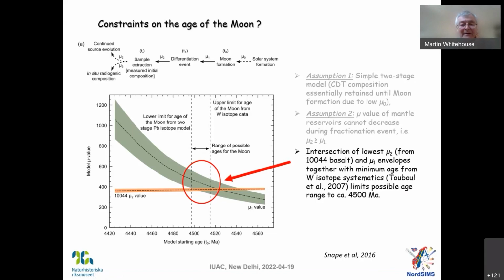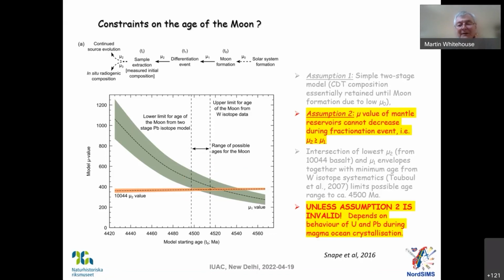Okay, I'm going to finish up by saying that this only works if assumption 2 is valid. Now it's becoming clear that the uranium-lead behavior during magma ocean crystallization might actually permit some basalts to have a lower uranium-lead ratio than their source.